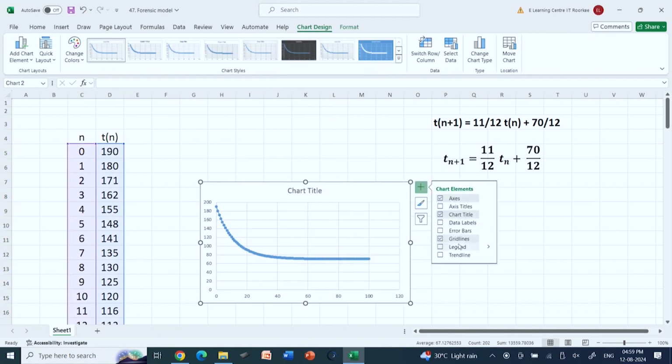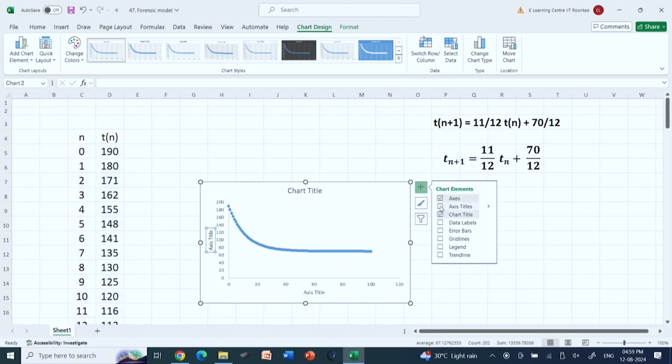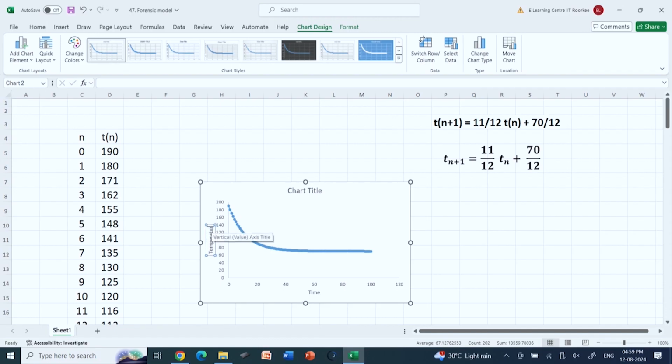I remove the grid lines, I put axis titles: x-axis is the time and y-axis is the temperature of a cup of coffee.